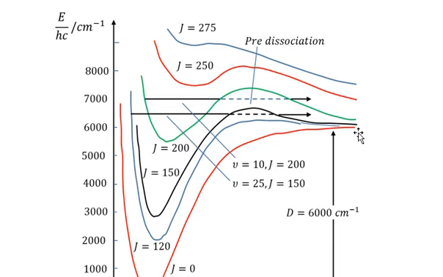So if you go to higher values of the rotational quantum number J, you will notice that the minima of these curves shift to the right, that is, to greater values of R. And when it is shifted to greater values of R, the dissociation energy is also reduced.